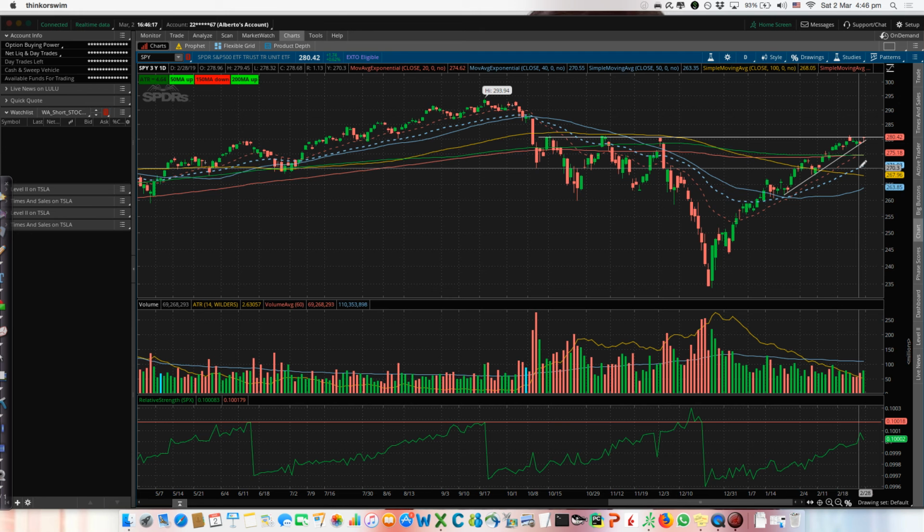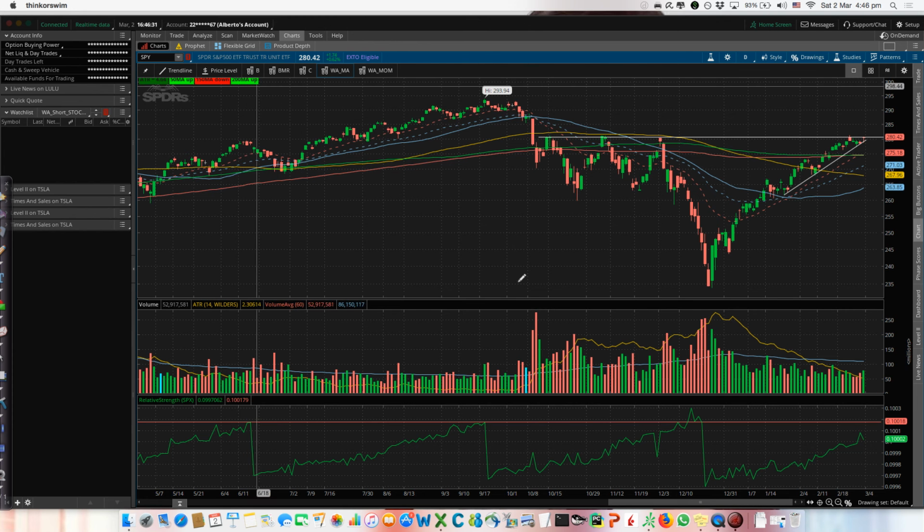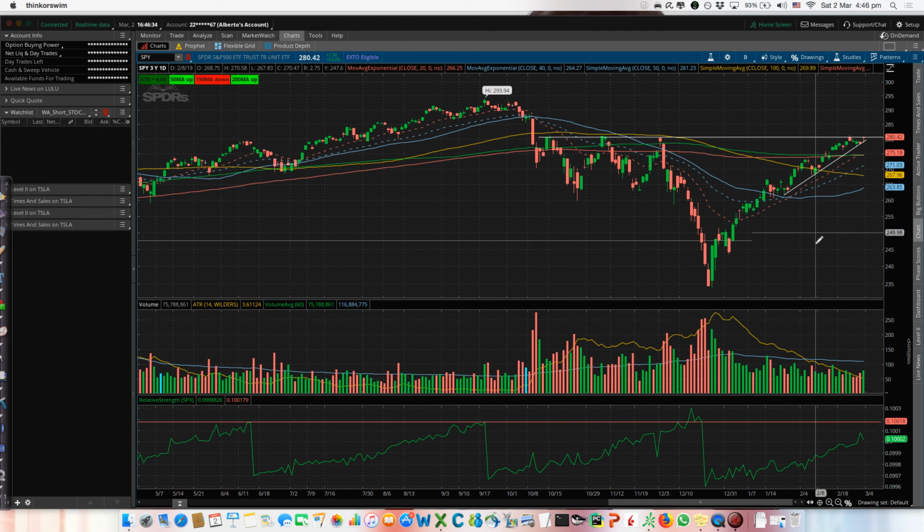And this means short-term bullish. Then we have the price above the 20 EMA. We have the price above the 200 moving average, that is this red line, and the 200 moving average is sloping up. This means that from the moving averages point of view, the situation is really bullish.